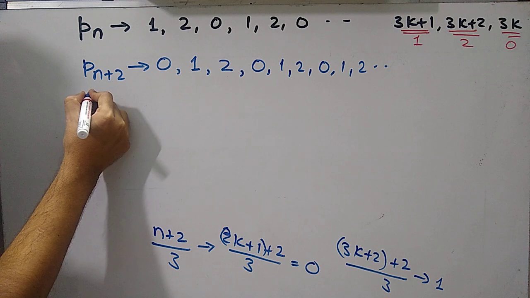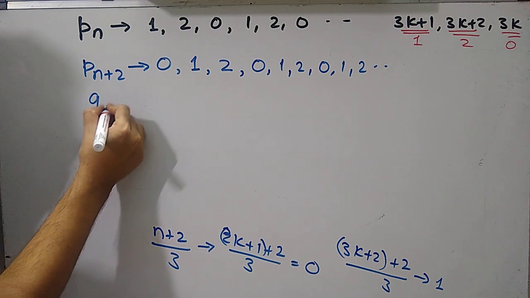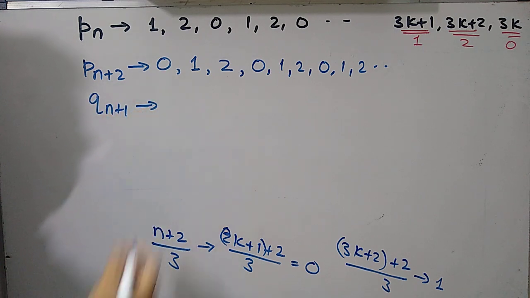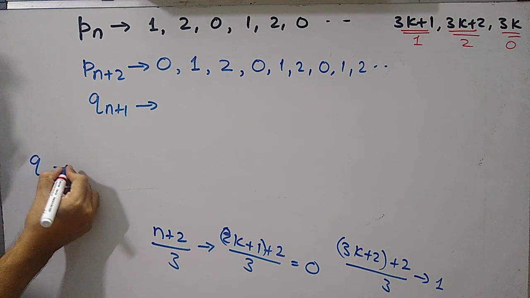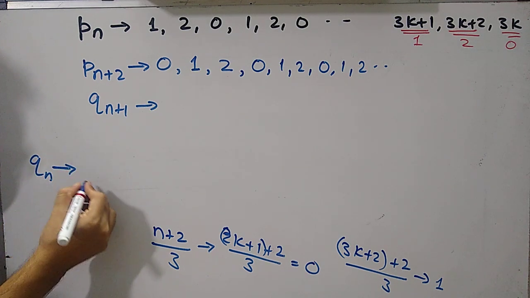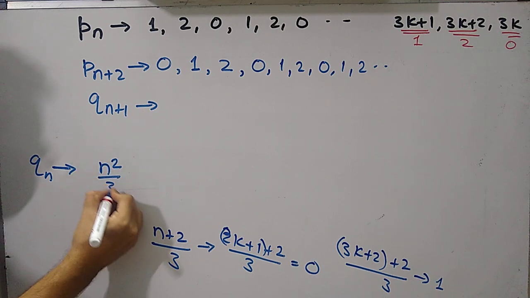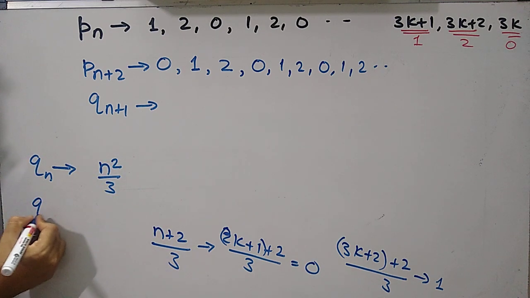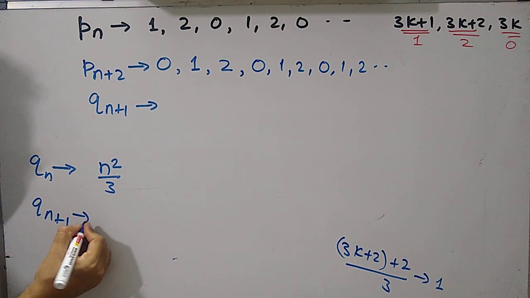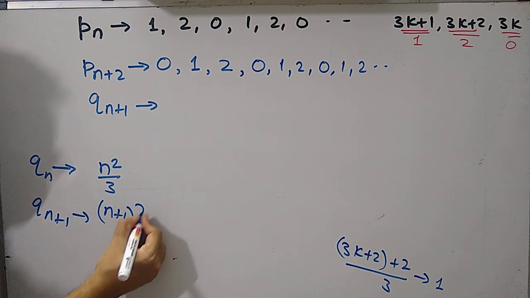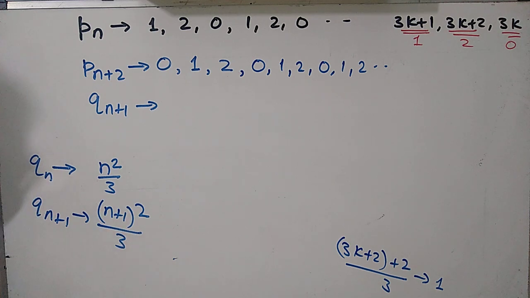Then what about Q of n plus 1 and Q of n? Qn will give you the remainders when n square is divided by 3. So what about Qn plus 1? Qn plus 1 means when n plus 1 whole square is divided by 3.